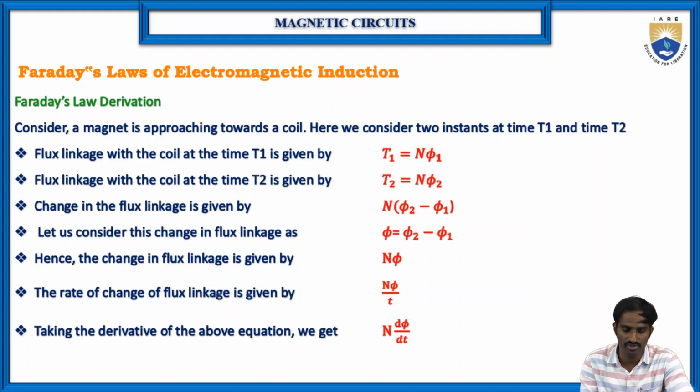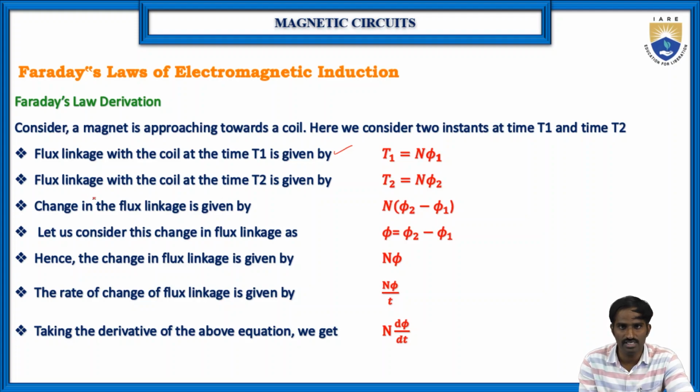The flux linkage with the coil at an instant of time t1 is N into phi 1, because the total flux linkage of the coil is the number of turns times the flux associated with that coil. Here N is the number of turns.